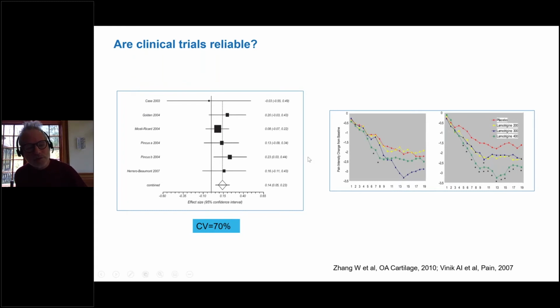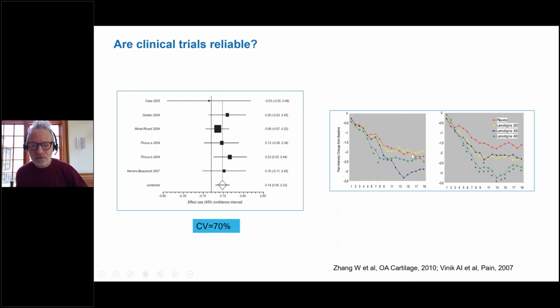If you want to look at a different paradigm for evaluating reliability of clinical trials, you can look at so-called replicate clinical trials. Some of you are old enough to remember the days of replicate clinical trials, as I do, which are still occasionally done, where you literally take the same protocol and you just put a different protocol number on it, and you hand it to two different groups of investigators led by a different principal investigator, and you literally execute the same exact study in two different groups of sites, and you try to get the same results.